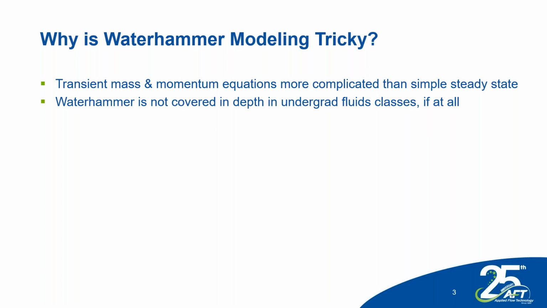Another issue is that Waterhammer is one of those topics that's not really covered in your undergraduate fluids classes. They probably don't even spend any time on it at all for the most part. And so it's something that's a bit foreign to engineers because they don't touch on it in the university setting.